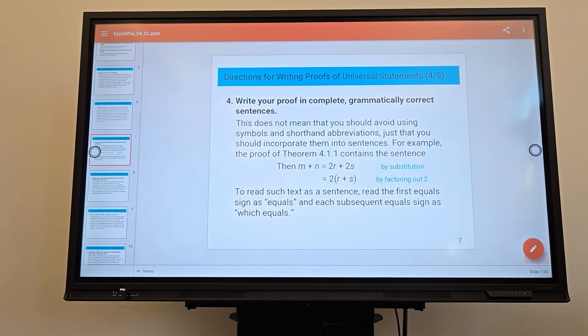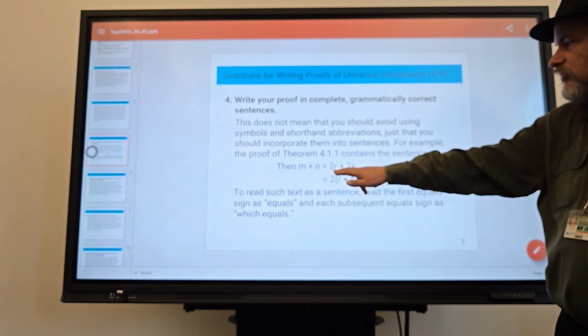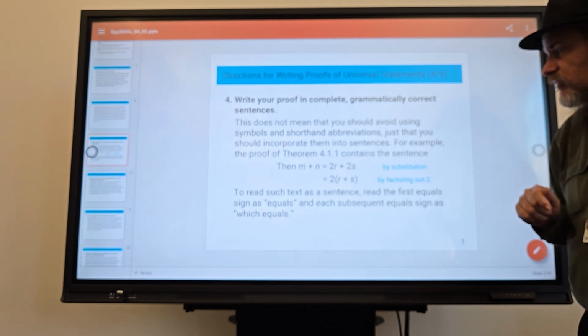So write your proof in complete, grammatically correct sentences. Now, this doesn't mean you shouldn't be using symbols and equations and that sort of thing. Just when you're using those things, make it a statement, like then m plus n equals 2r plus 2s.